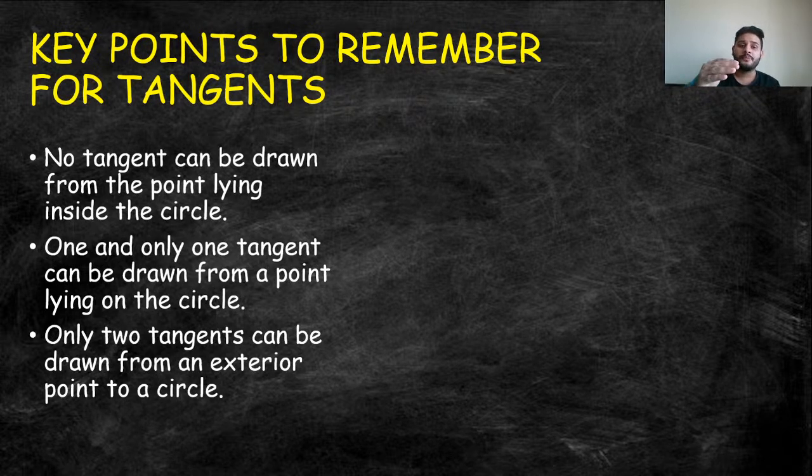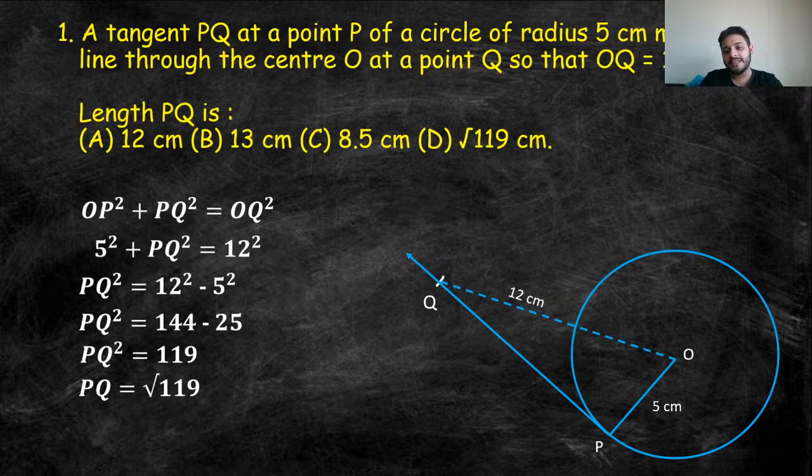Second, one and only one tangent can be drawn from a point lying on the circle. As we have seen here, say we take this example. From the point P, whenever P is a point on the edge of the circle, only one tangent can be drawn from that particular point.